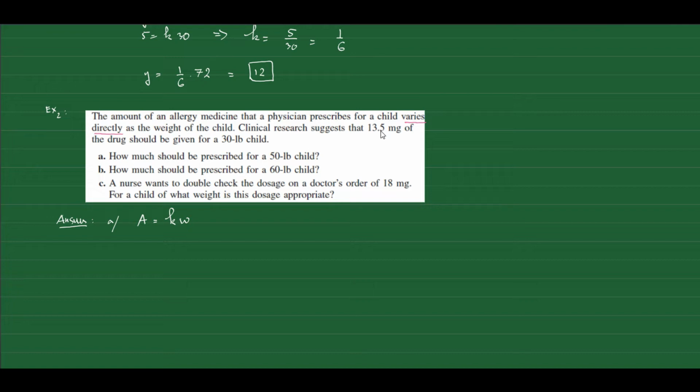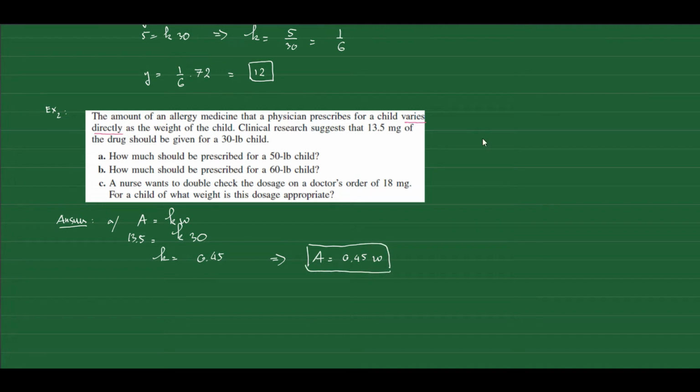So we know 13.5 milligrams for a child who weighs 30 pounds. So your k will be 13.5 divided by 30, which is 0.45. So from here we can get the equation of variation, which will be A equals 0.45W. This is the equation of variation.